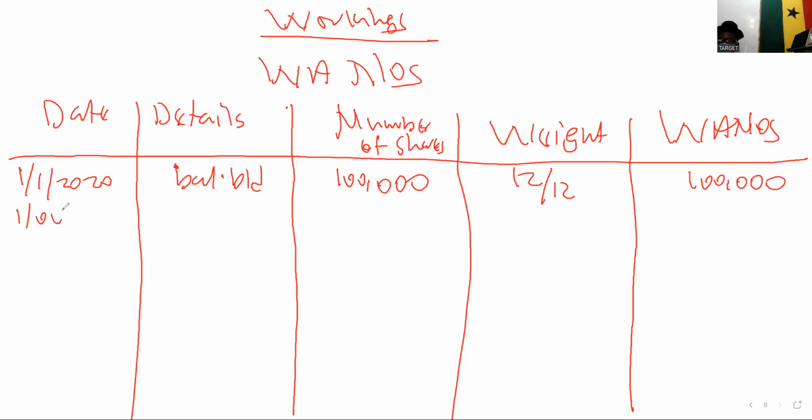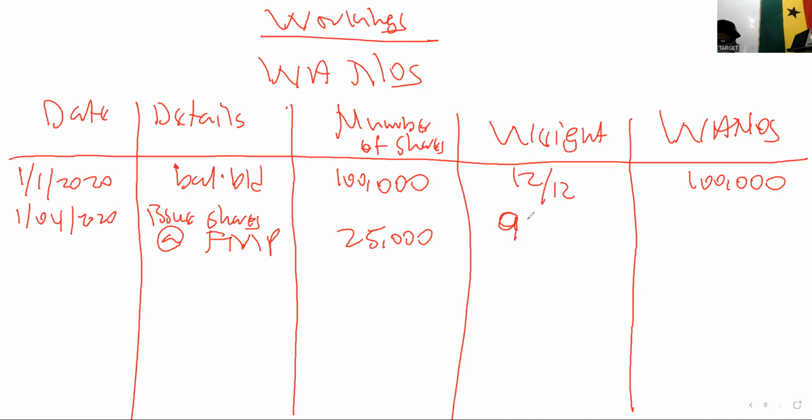Then 1st of April 2020, they issued shares at full market price. They issued 25,000 shares. And the weight, we said that the weight should be 9 over 12.